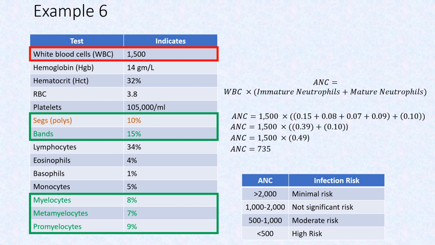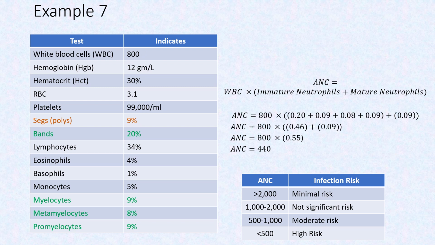When added to the mature neutrophils, this equals a total neutrophils of 49%, or 0.49. When entered into the formula, 1,500 multiplied by 0.49 equals 735. This is between 500 and 1,000, indicating a moderate risk for infection.